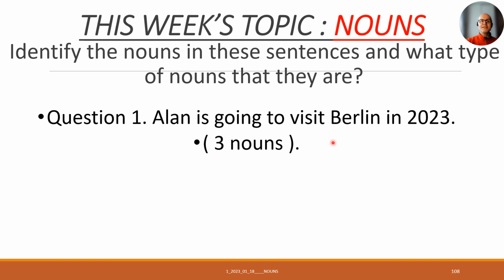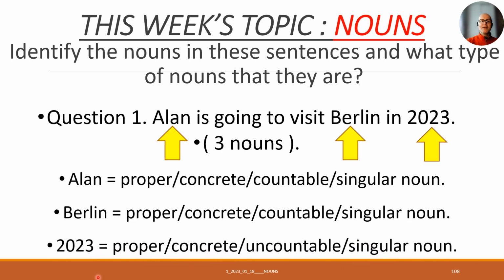Alan is going to visit Berlin in 2023. The nouns in that sentence were Alan, Berlin and 2023. Alan, proper, concrete, countable, singular. Berlin, proper, concrete, countable, singular. 2023, proper, concrete, uncountable and singular.